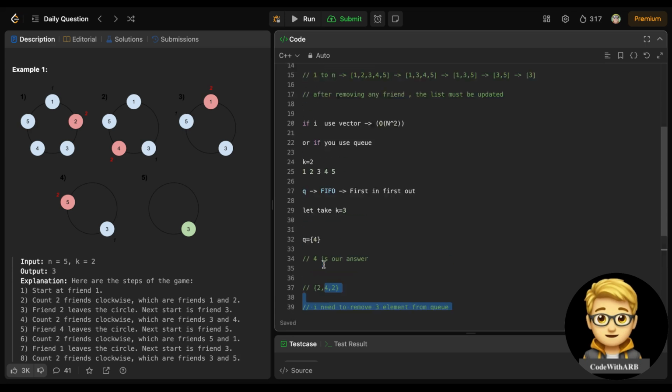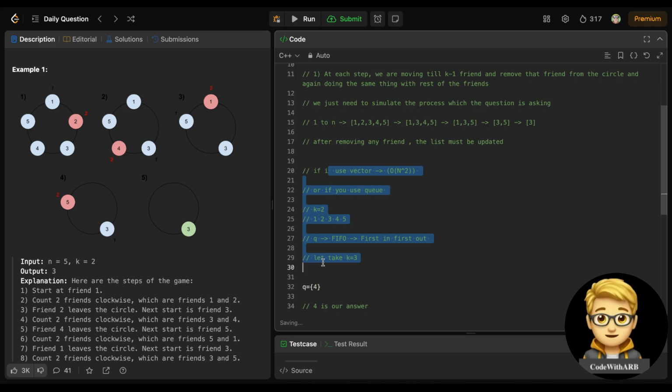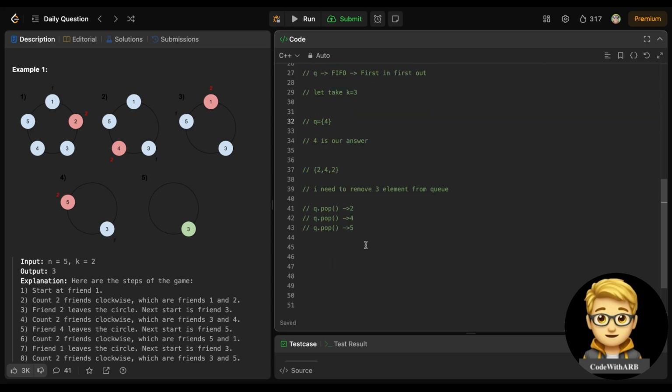So what was happening here is that we are just iterating again and again.